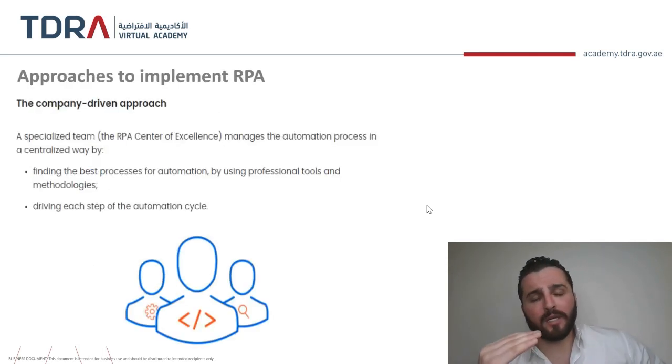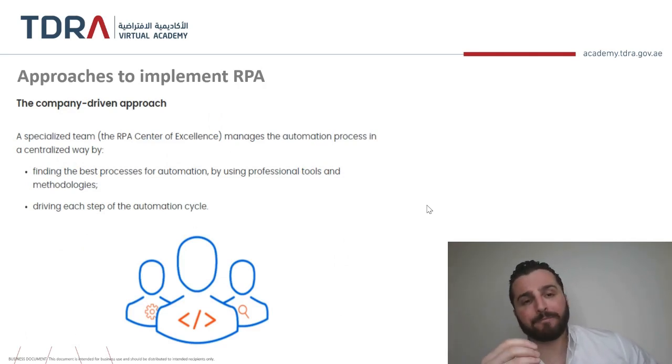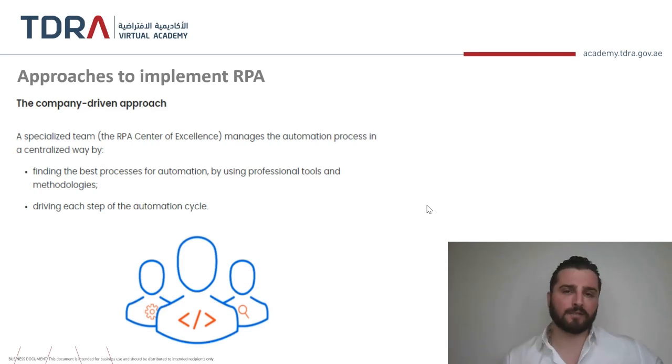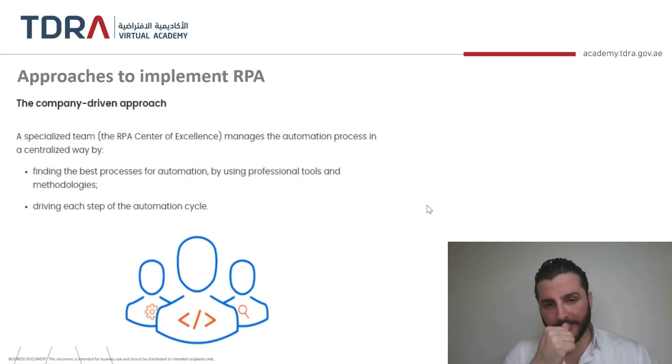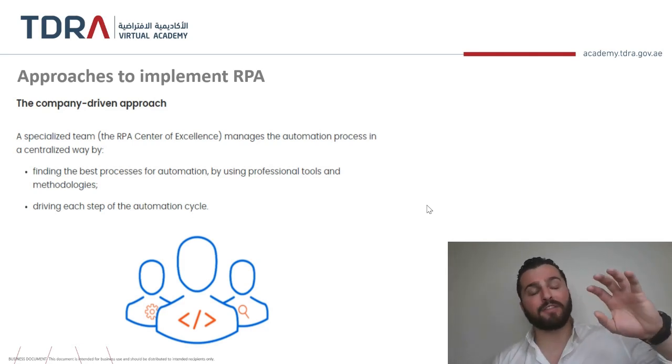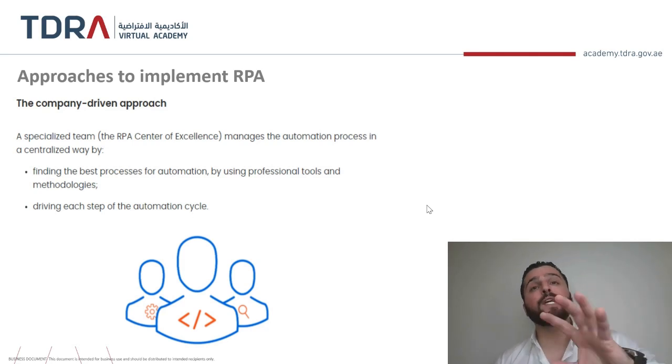I talked in the discovery phase about how we need to identify our policy of implementation, or the approach we use to implement the RPA. There are two main schools or two main approaches that will let us work on the RPA for a particular government, or even corporate or entity. We will have either the company driven approach or the employee driven approach.